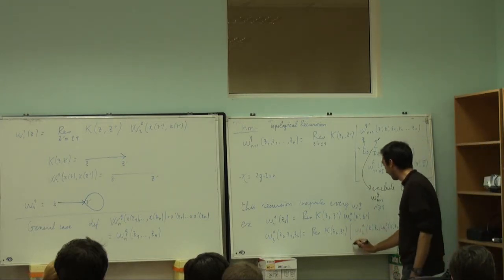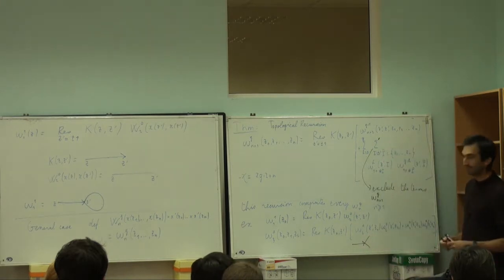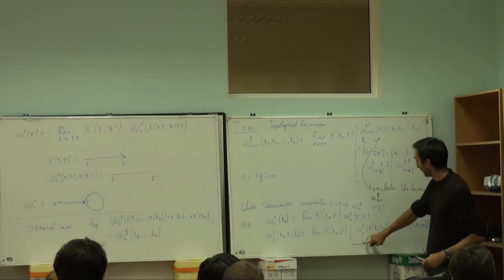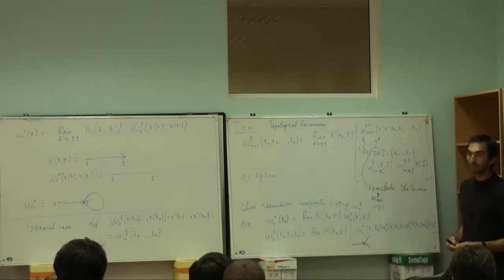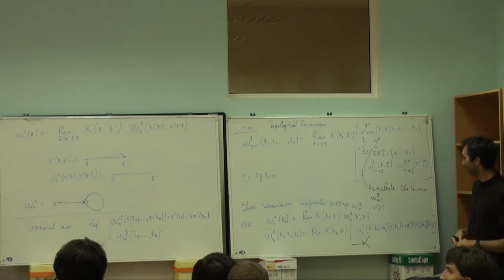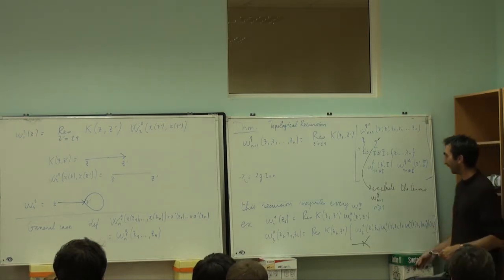Diagrammatically, this would be represented as k times omega 2,0 and omega 2,0. And you can go on.